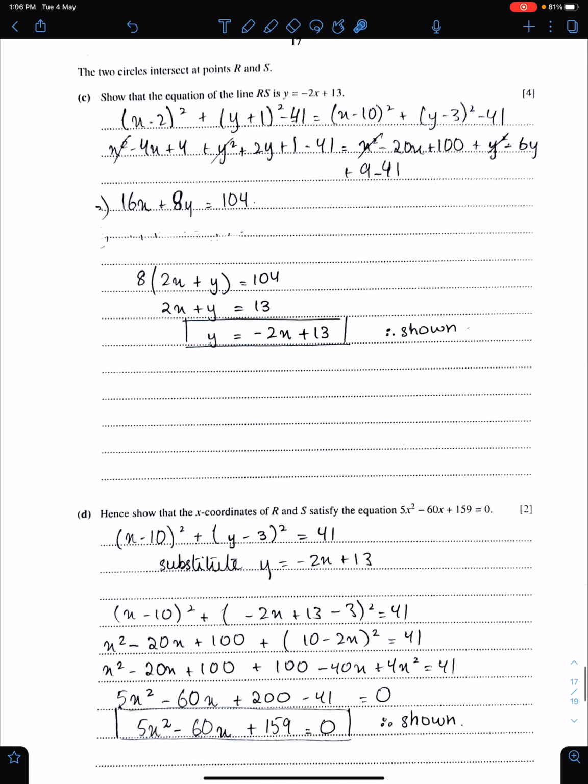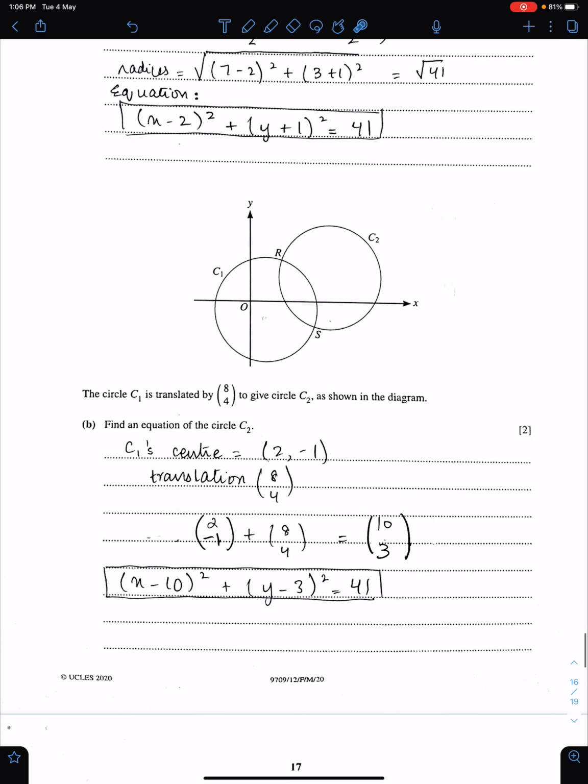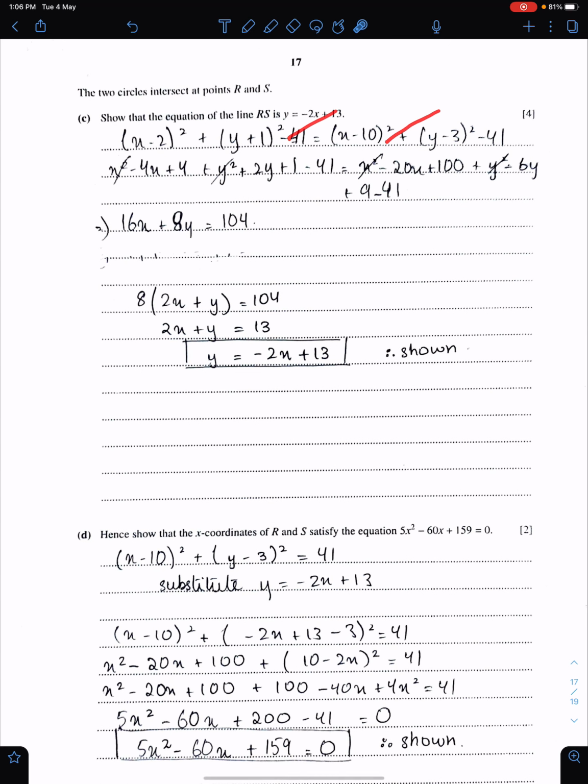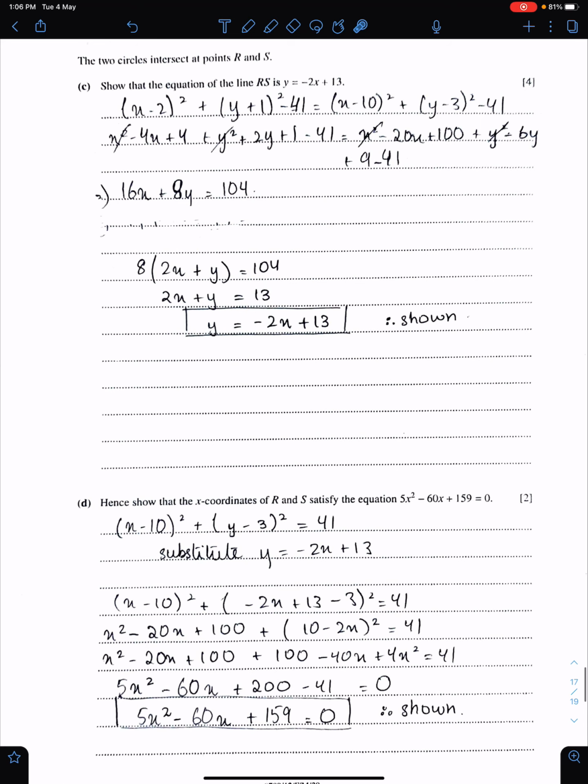Next point. The two circles intersect at the points R and S, here and here. So we need to solve these two equations simultaneously. By solving these two equations simultaneously, we can get the equation of RS. It's here. Last point.